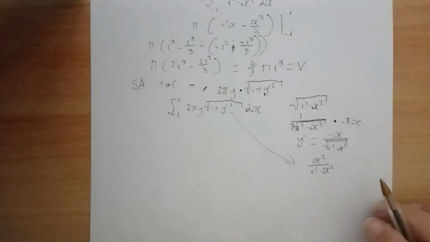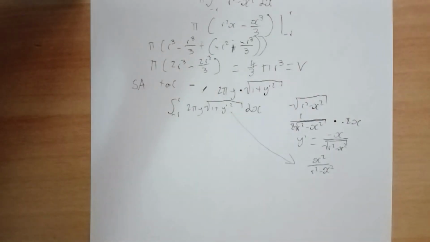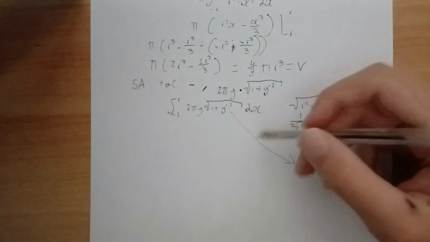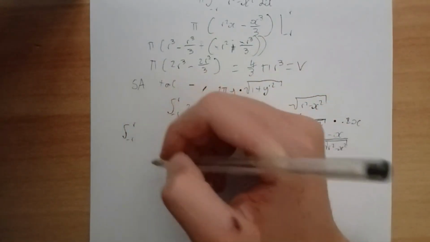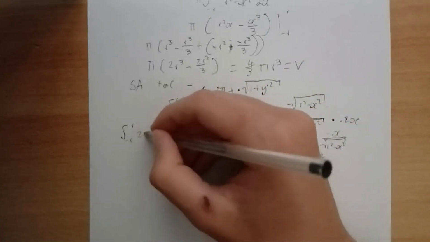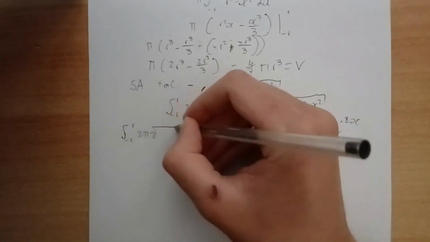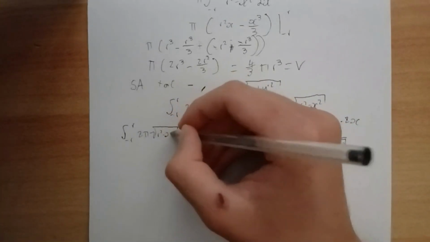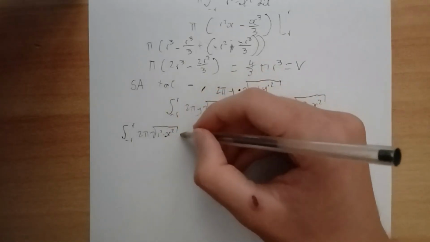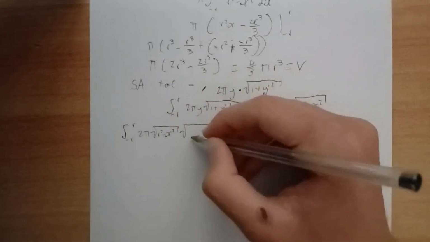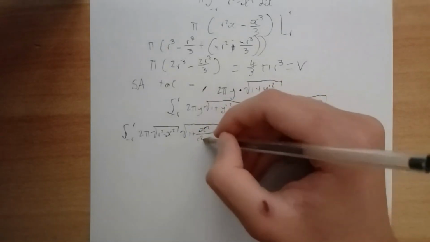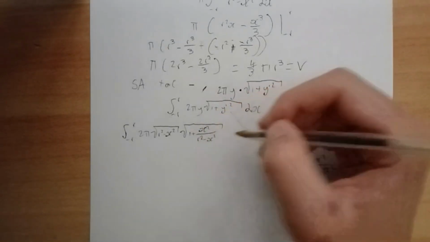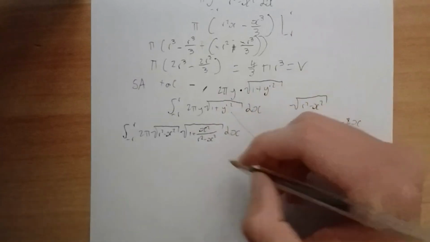Now we can substitute in the square root of r squared minus x squared, and our integral is now from minus r to r of 2 pi times the square root of r squared minus x squared times the square root of 1 plus x squared over r squared minus x squared dx.